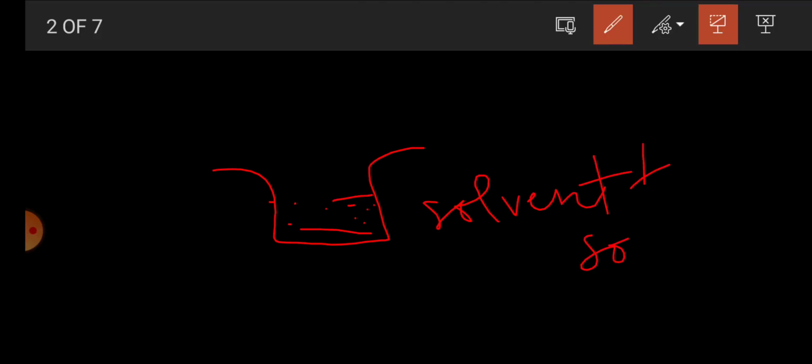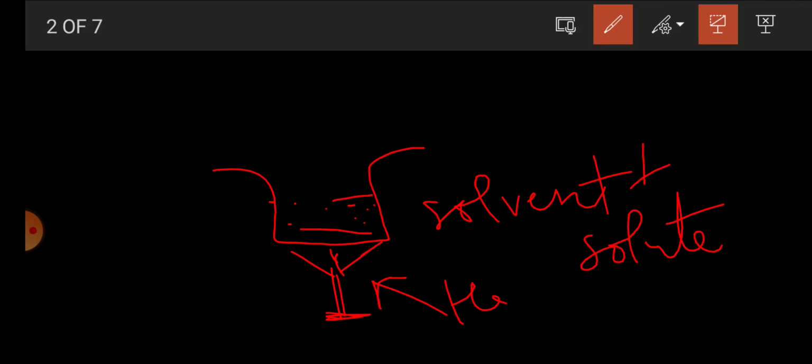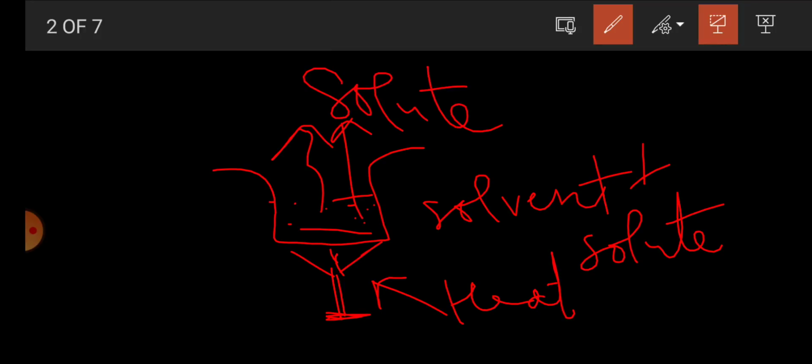You can think that there is a solution, solvent plus solute. If we increase the temperature and give heat, then solute molecules will escape out. So this means that solubility is decreasing.